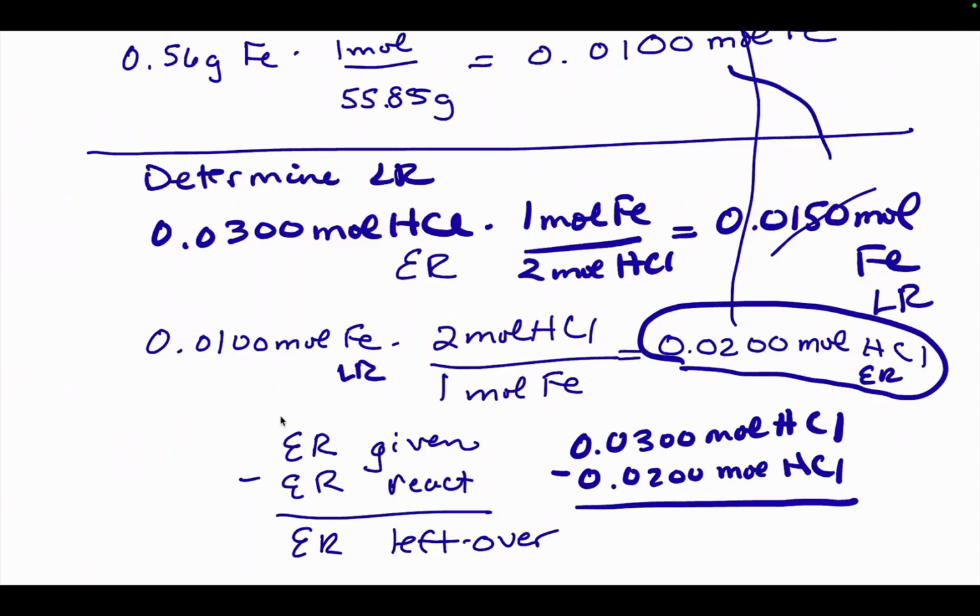If you had just done the first calculation here, then you knew the iron was your limiting, then you would have had to take the iron, calculate how much of the hydrochloric acid really reacts. And then when I subtract, there's 0.0100 moles of HCl left over.